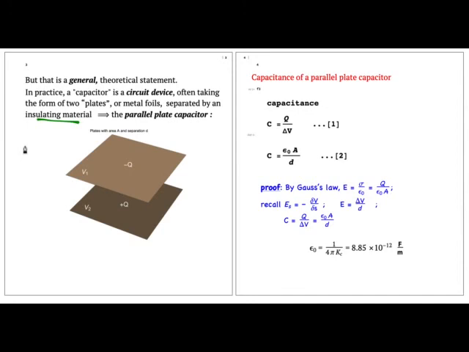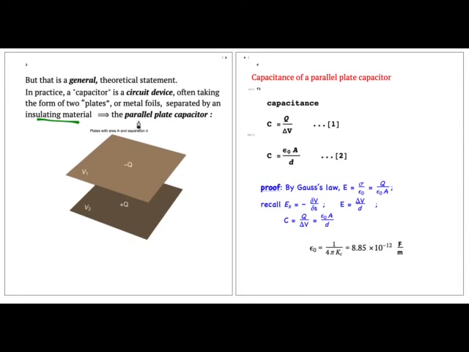It could be glass, or it could be something flexible like plastic, or even paper. Paper is basically a non-conducting material. So it depends on the design and construction of the capacitor.